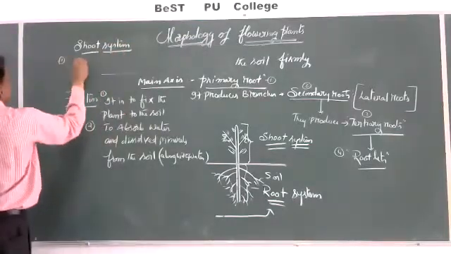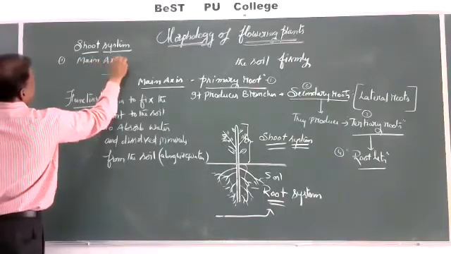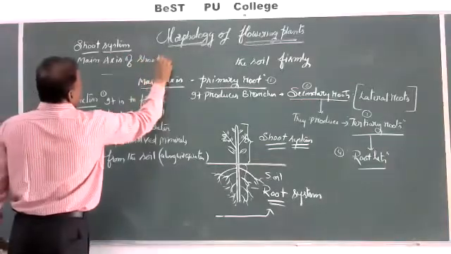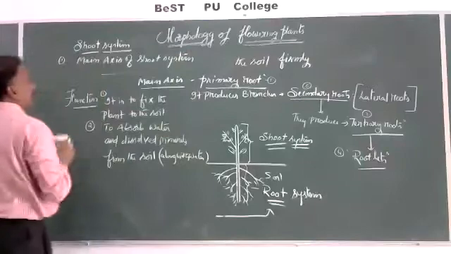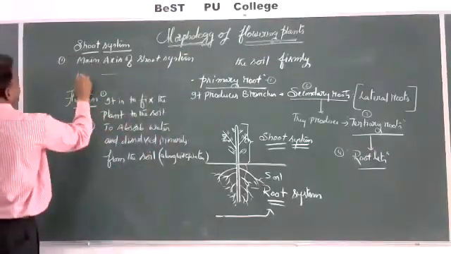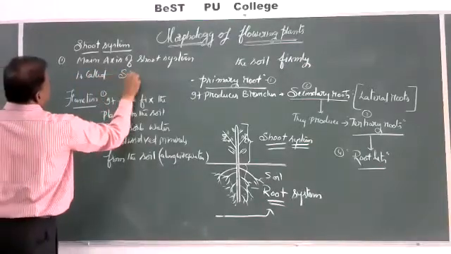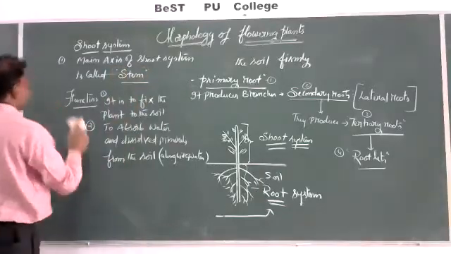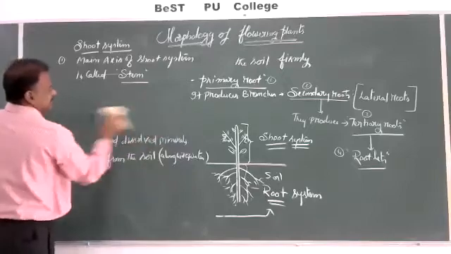The main axis of the shoot system is called the stem.